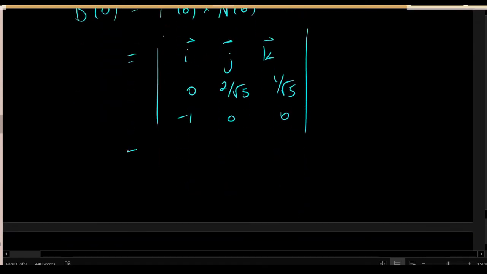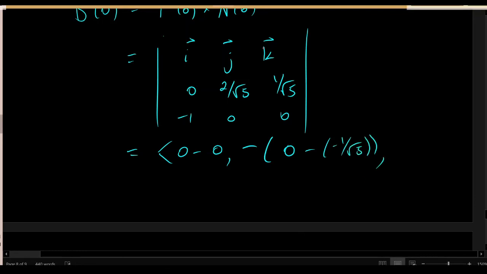So looking at the x component, we have 2 over root 5 times 0 minus 1 over root 5 times 0. So both products are 0. Then for the second component, the prime diagonal has 0 times 0, and the anti-diagonal has negative 1 times 1 over root 5.